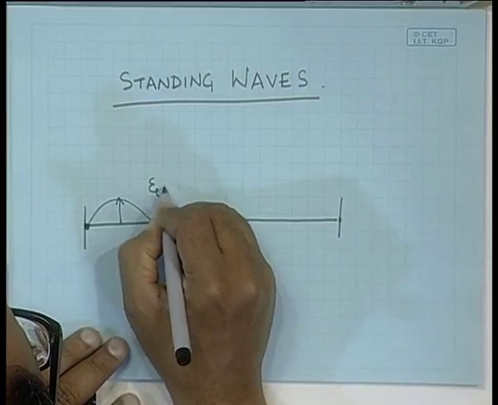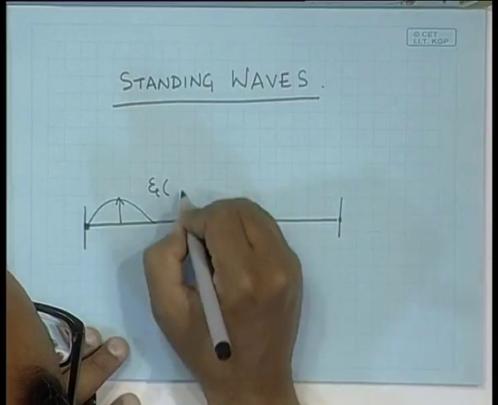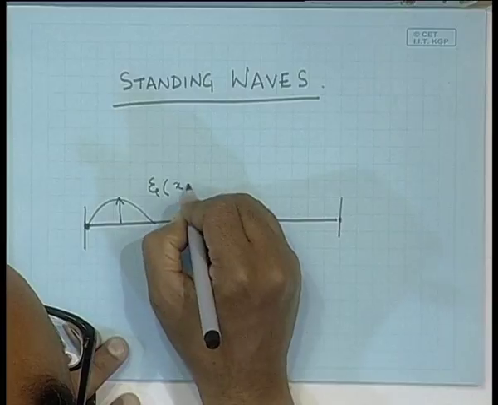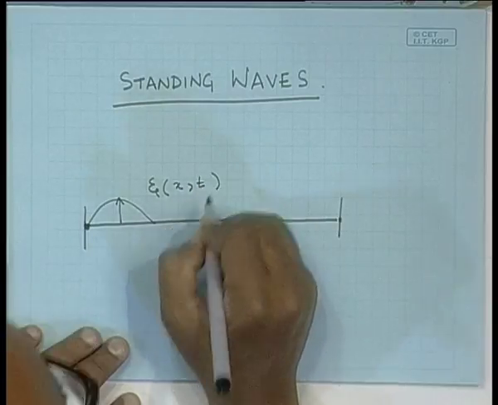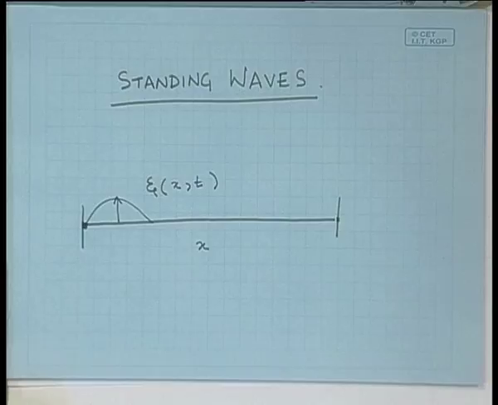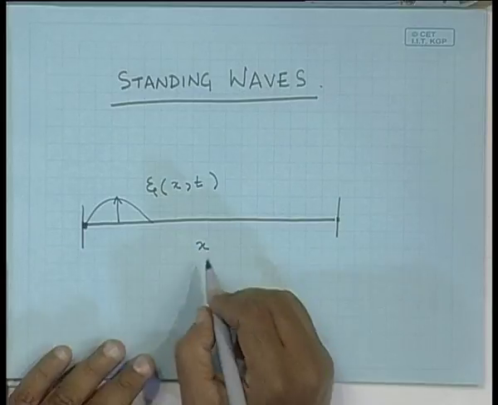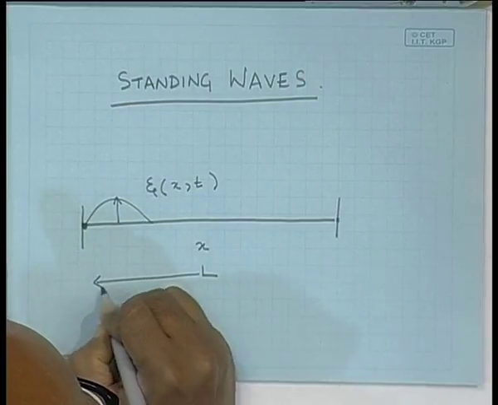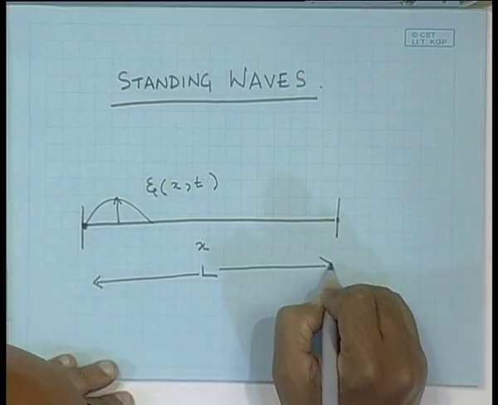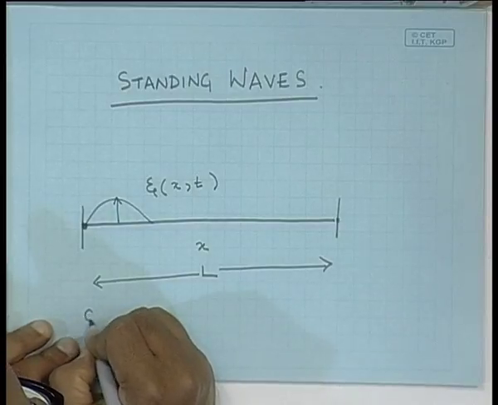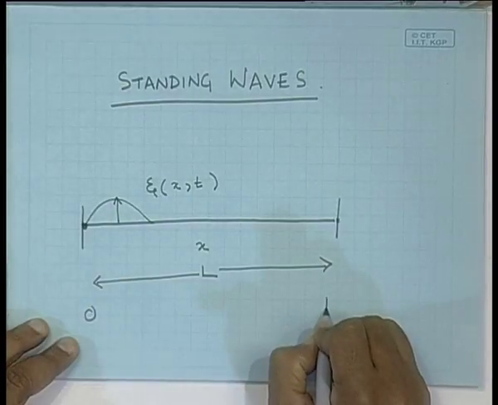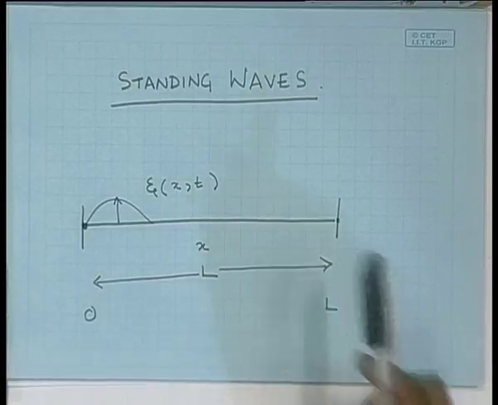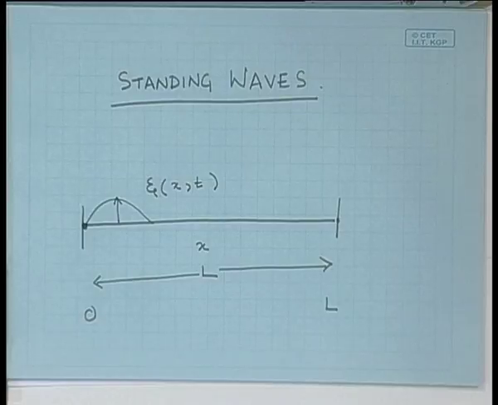This displacement in the transverse direction could vary with x, this is x, and it could also vary with time. So, we are interested in the vibrations of this string. The string has a length L, and this point corresponds to x equal to 0, this point corresponds to x equal to L. So, we are interested in studying the solutions of the wave equation.